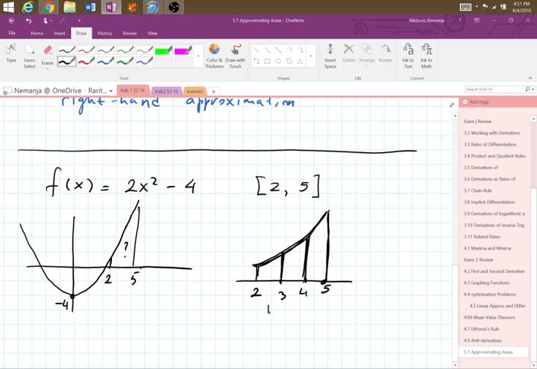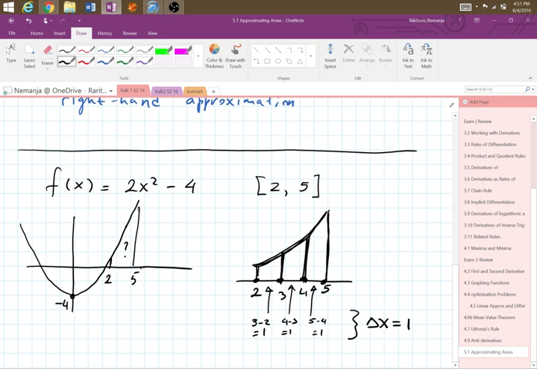Now, how much is each one of the widths? 1. Because the first one is going to be 3 minus 2, which is 1. The second one is 4 minus 3, which is 1. And the last one is 5 minus 4, which is 1. So we are immediately extrapolating that delta x is equal to 1.